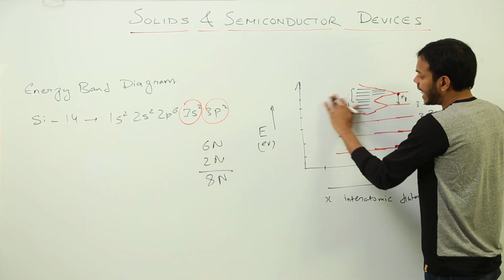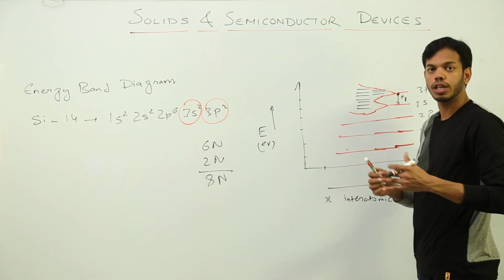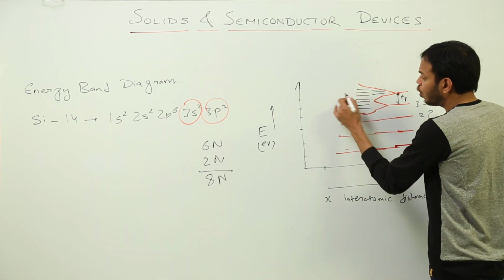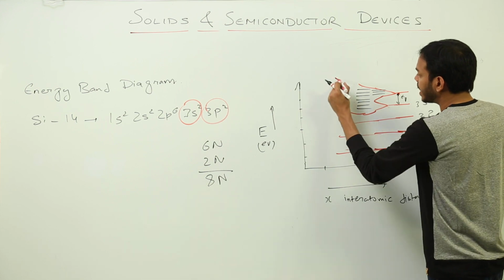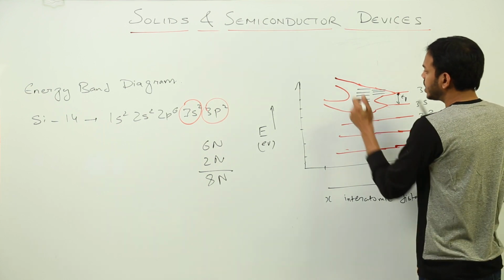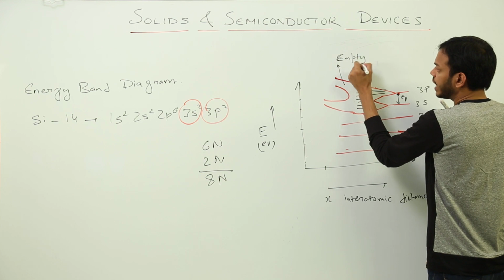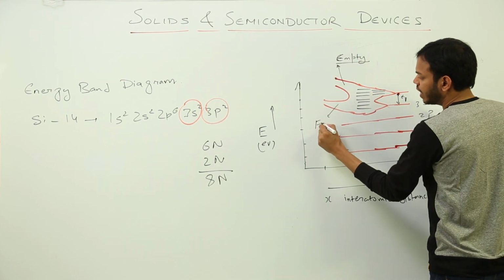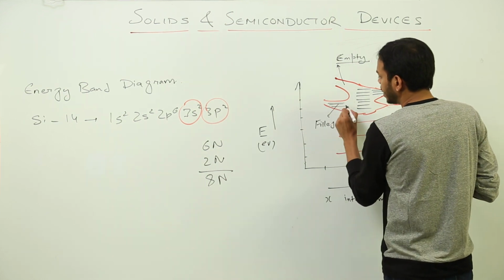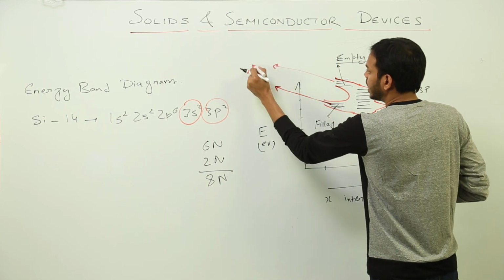When this atom is brought more closer to the remaining atoms of the constituting solid, what will happen? The 4n filled will get completely separated from 4n empty, and this type of band formation will take place. So this is the completely empty part, that is 4n empty levels, and this is the completely filled part. This band is called the valence band and this band is called the conduction band.